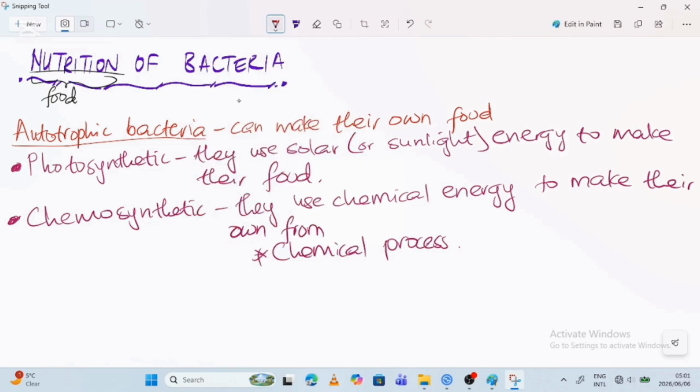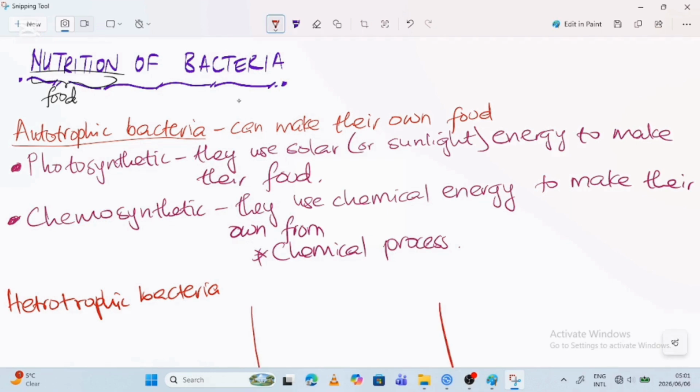So now we also have heterotrophic bacteria. So these ones are divided into three categories, right?